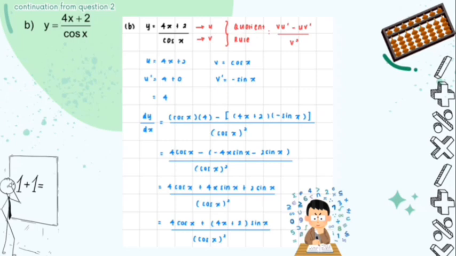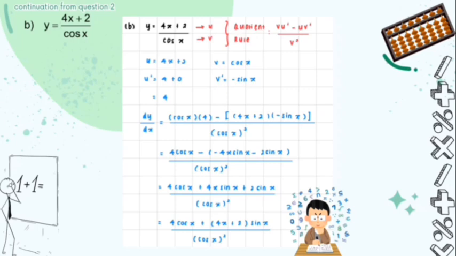Since all the values needed are obtained, we must substitute it into the quotient rule formula. dy over dx equal to (cos x times 4 minus (4x plus 2) times negative sin x) divided by cos x squared. Now, expand all the brackets.